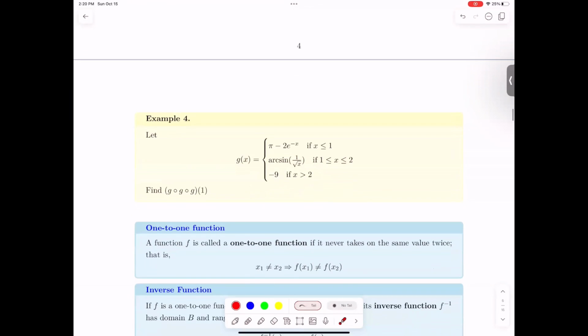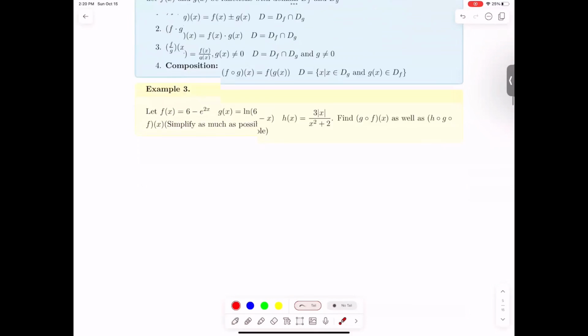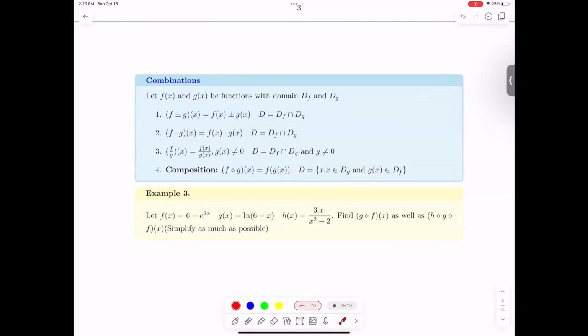Do I even have an example for that? I don't think I do. But I should have an example. I'll give you an example later. I cannot think of one right now, but for function composition, the domain is gonna be different.